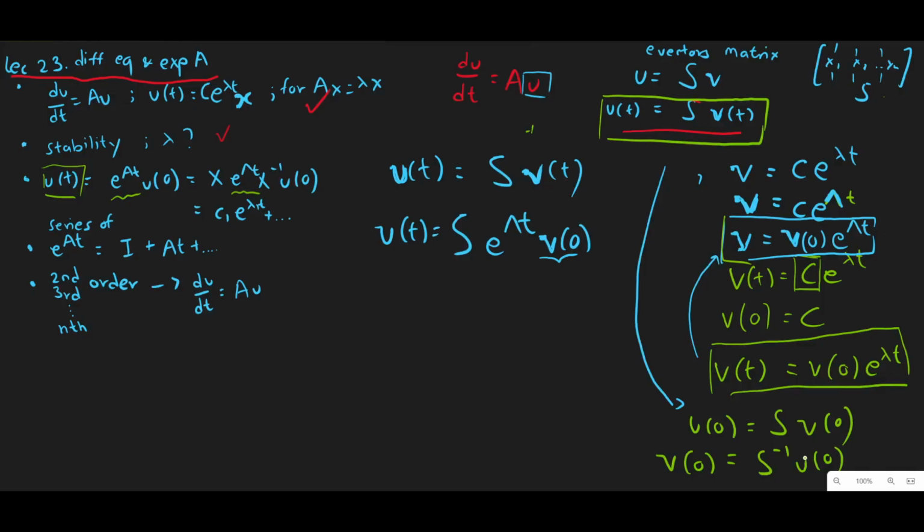Let me explain it later on when I get into those. So actually this v0 is equal to this, and I can plug that in here. Let me write that down. ut equals s e to the capital lambda t, and I have the s inverse of u0, right?